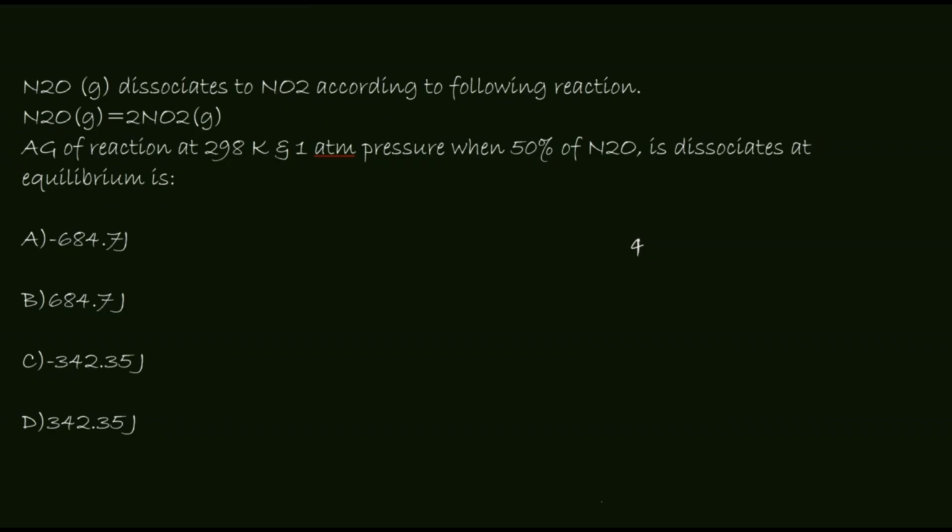Then N2O4. N2O4 dissociates to NO2 according to the following reaction. It is an equilibrium reaction, and find delta G of the reaction at 298 Kelvin, 1 atm pressure, when 50% of N2O4 is dissociated at equilibrium.